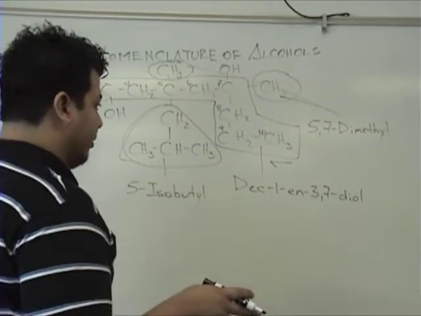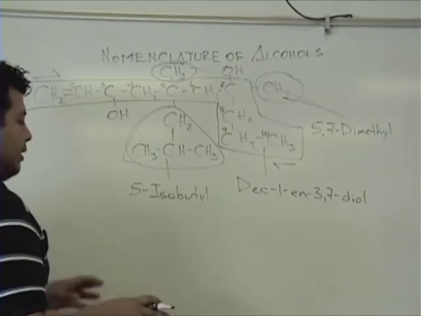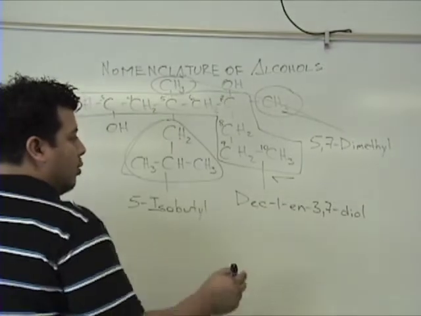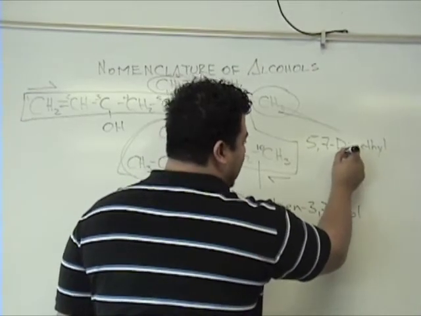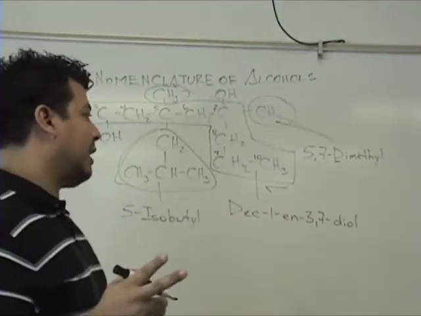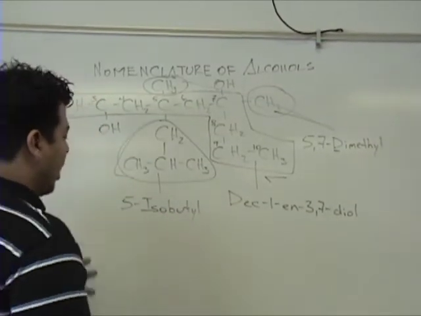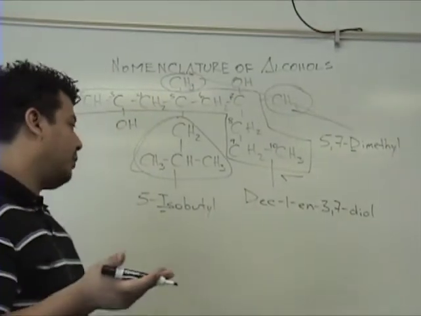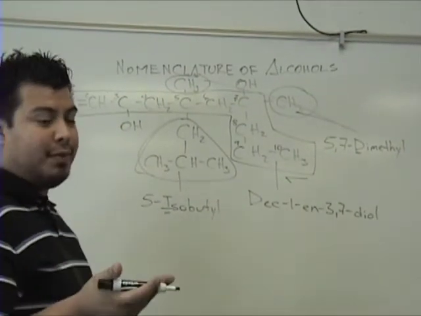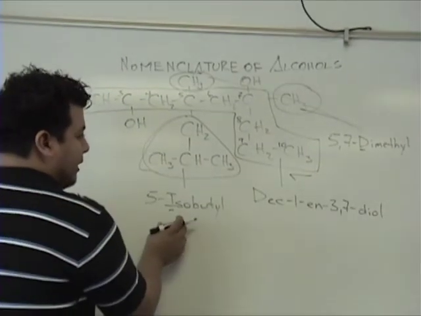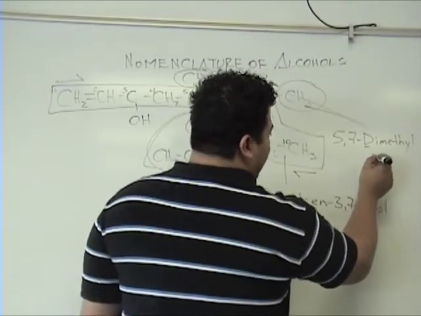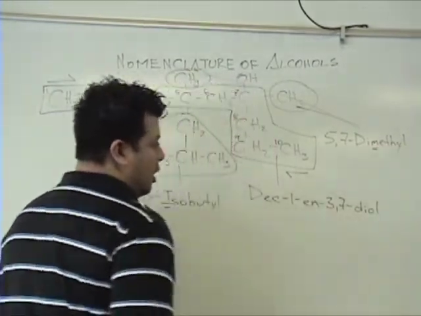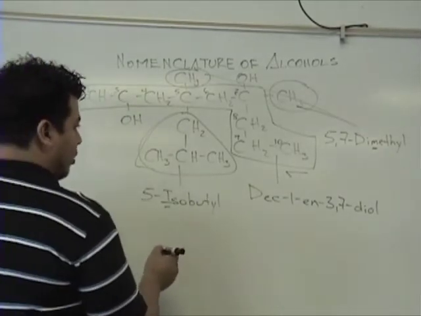Now we have to put them together. We know that the substituents go first, so this one and this one. And we do not take into account the di. That just means 2, but it's the same group, methyl. We do have to take in consideration the iso, because isobutyl is not the same as tert-butyl or n-butyl. So we do take in consideration isobutyl. So we say I versus M. And I goes first.